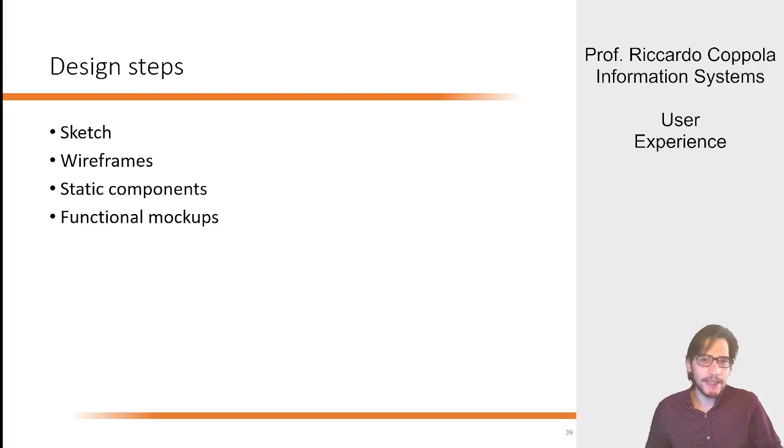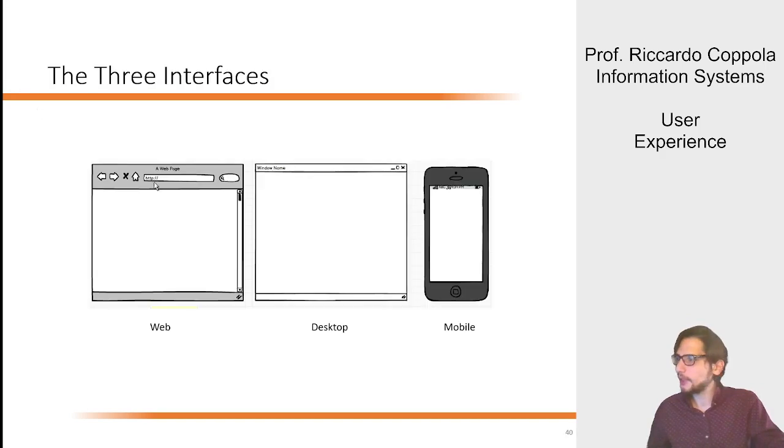Then I can create a static set of components which is a set of screens which describes my system, and finally there are the so-called functional mockups. Our objective during this class and the practice class will be to try to define the mockups of our system to simulate the functioning of our system.